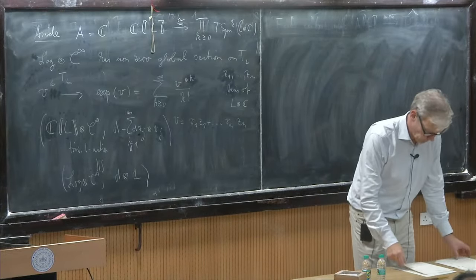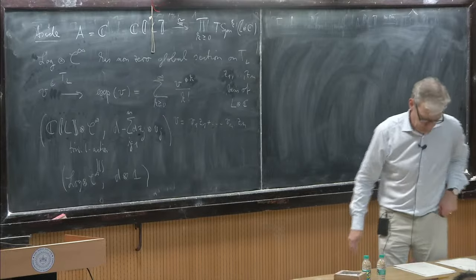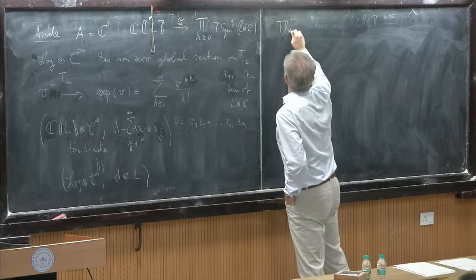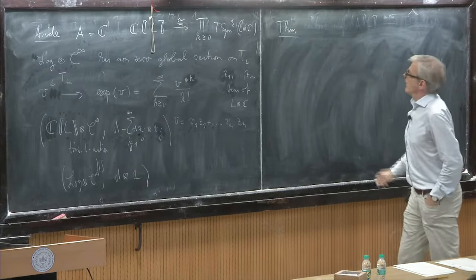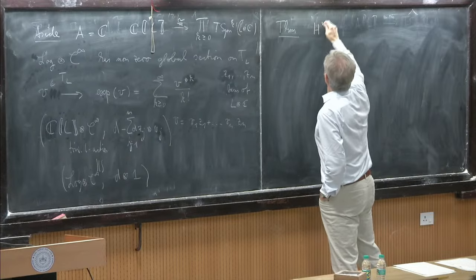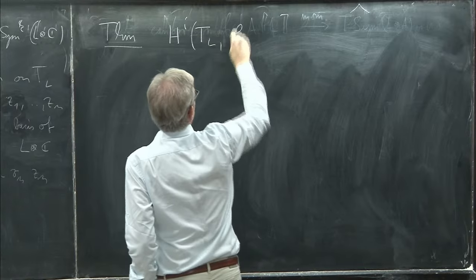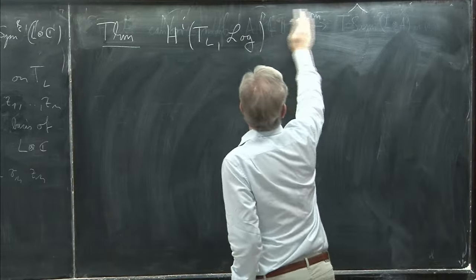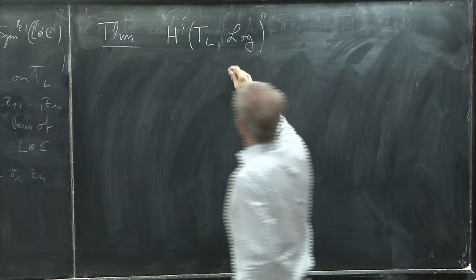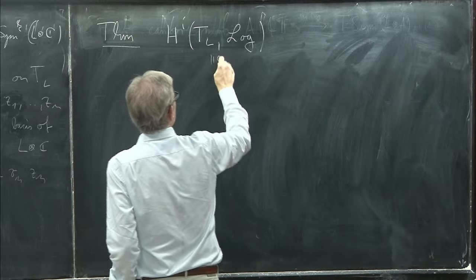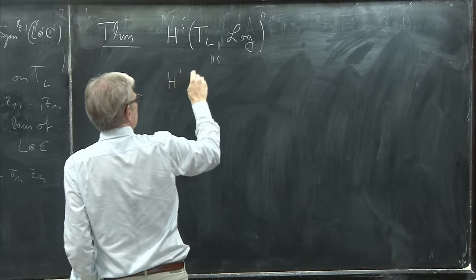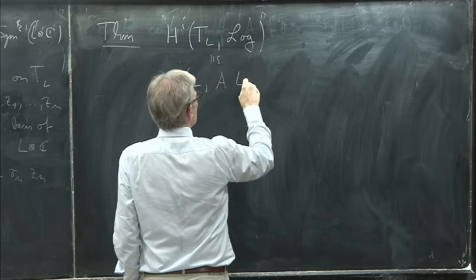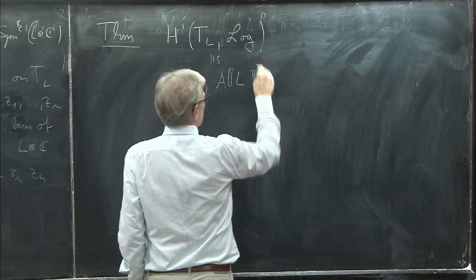So we have the following theorem. We look now at the cohomology of that local system. What is known also is that this is isomorphic, so maybe this appeals more to some people in the audience, to the group cohomology of this A-L module.